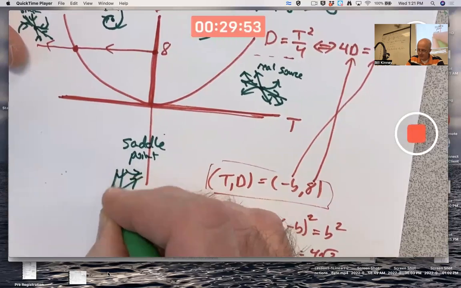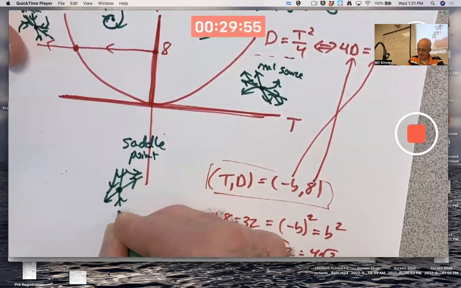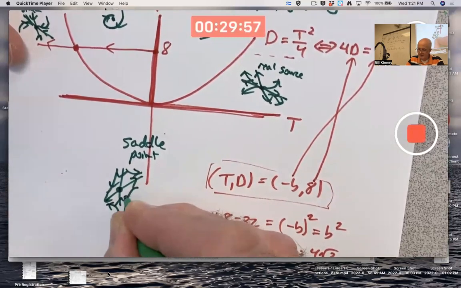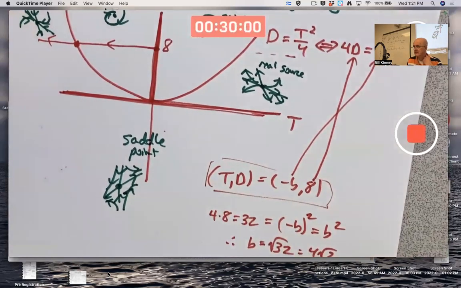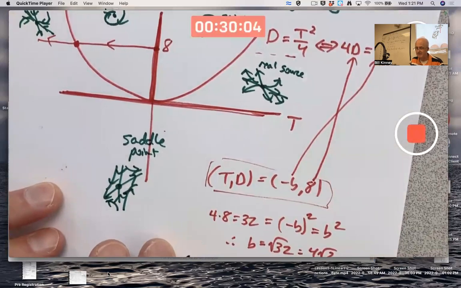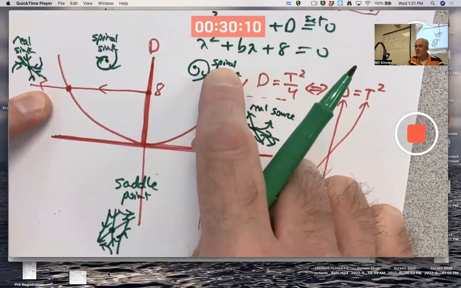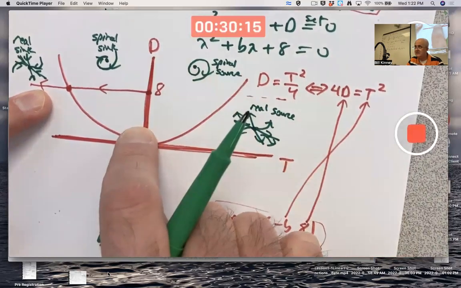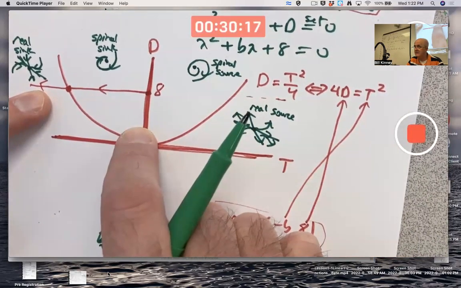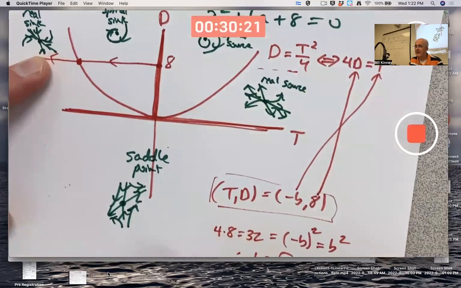That doesn't happen with harmonic oscillators, but it could happen in general for linear systems. Whenever the determinant is negative, you have a saddle point. This is the repeated root parabola, where one eigenvalue is repeated. The positive D-axis is where you have purely imaginary eigenvalues. Down here, you've got one positive eigenvalue, one negative eigenvalue.